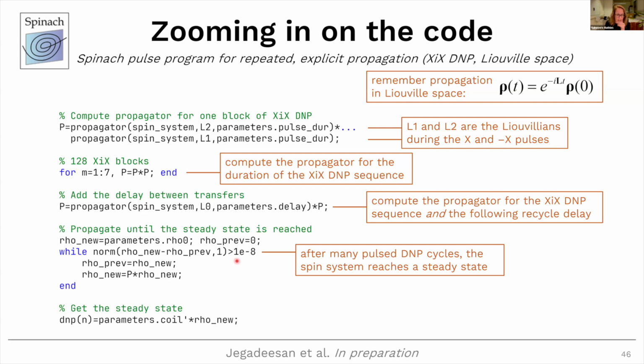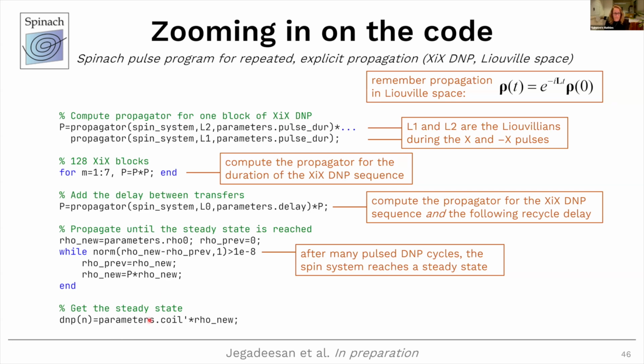So after many post-DNP cycles, the system will reach a steady state where the state of my spin system no longer changes, even though I continue to apply my propagator. I've then reached the steady state, and I can now read out, again, as I usually do, the expectation value of IZ, so my longitudinal magnetization of my nuclear spin.